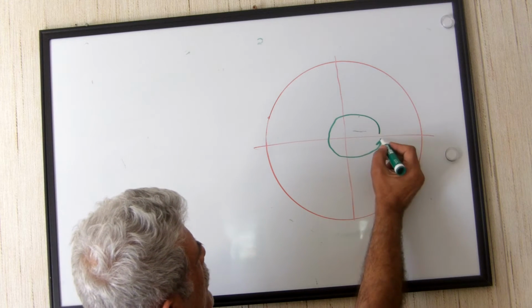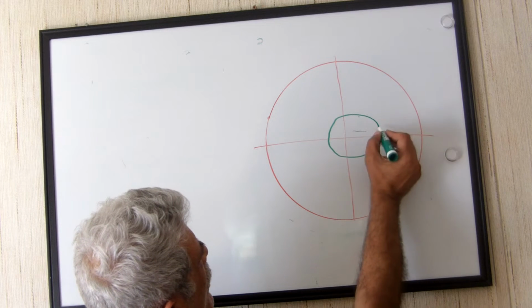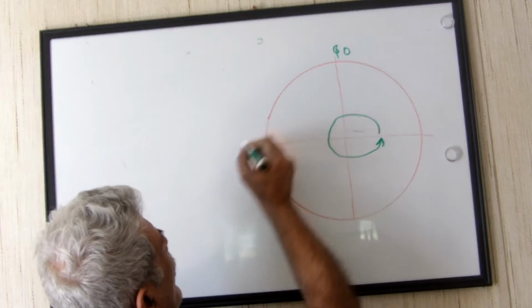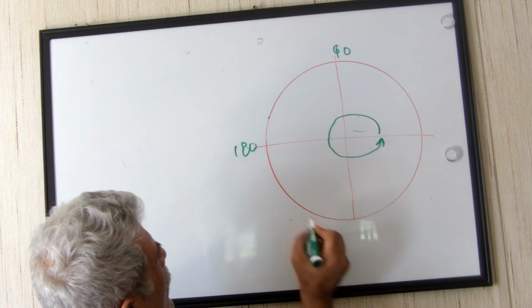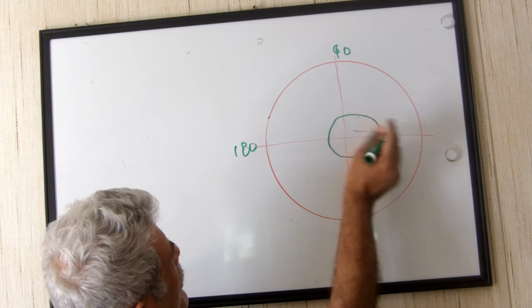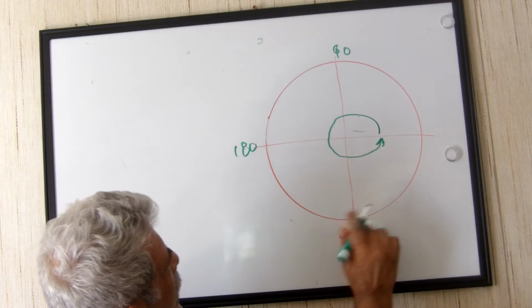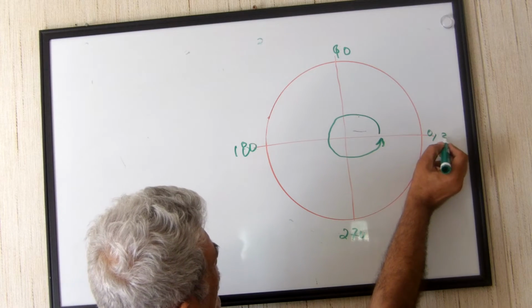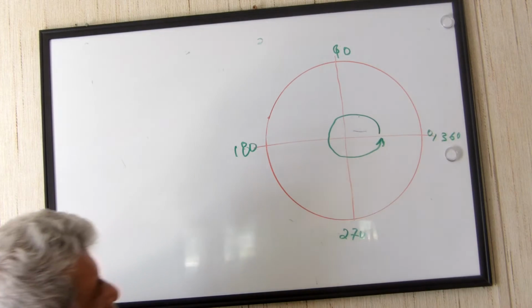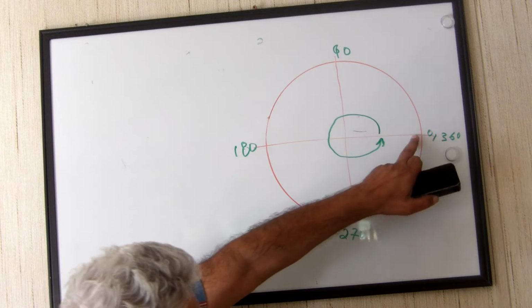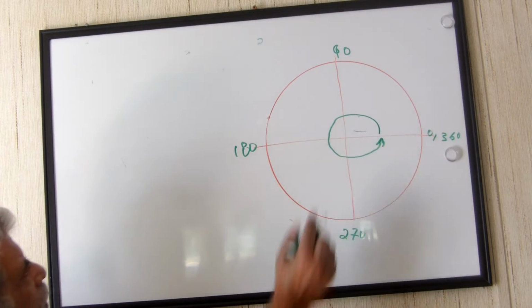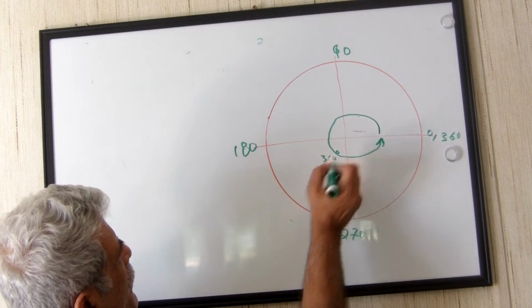From here to here is 360. This is 90 degrees, 180, 270, every time 90 degrees. 90 plus 90 plus 90 plus 90 is going to be 360, starting from 0. So from here all the way around is 360 degrees.